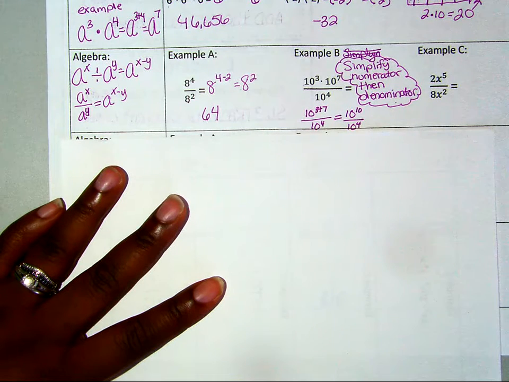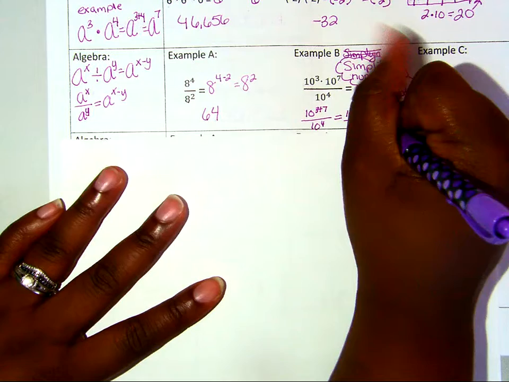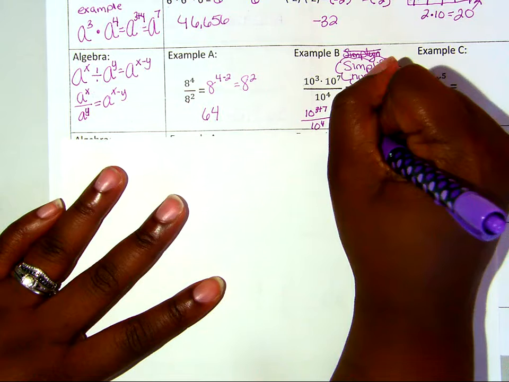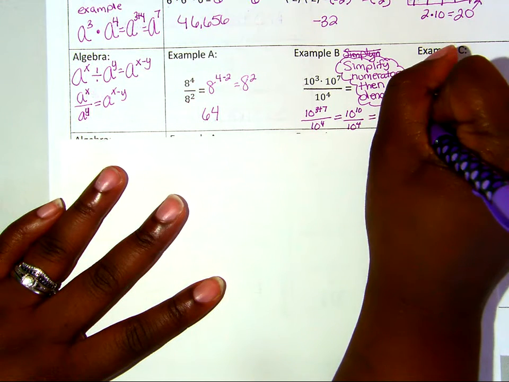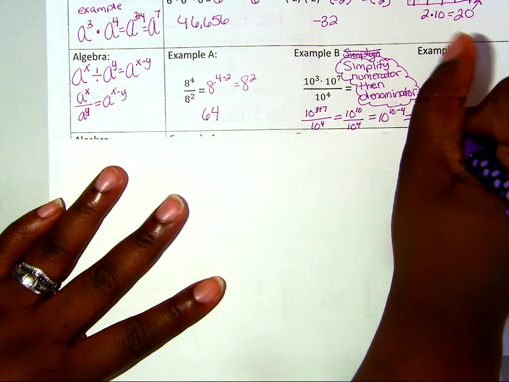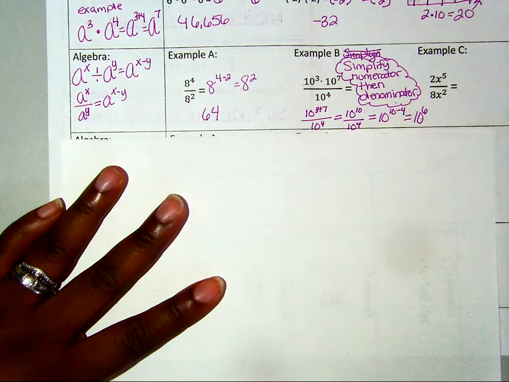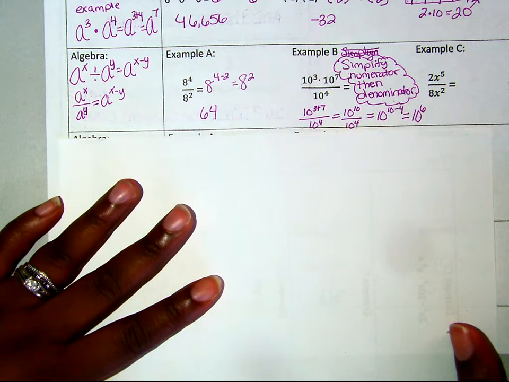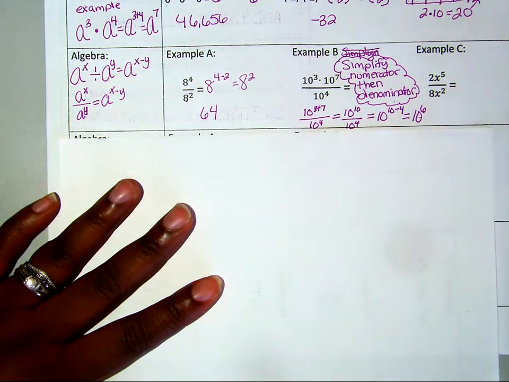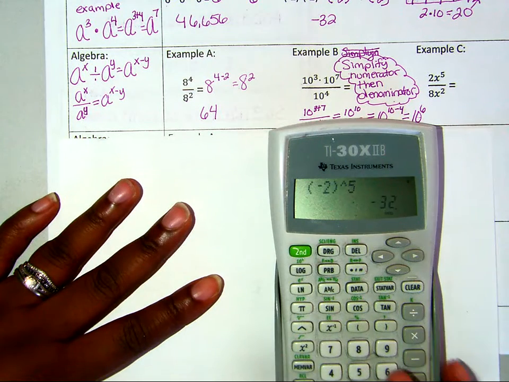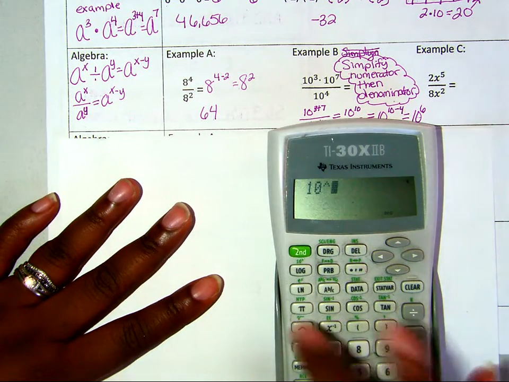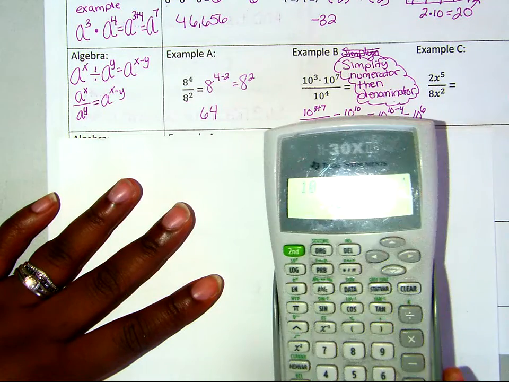Now I can use my division rule. They have the same base, so 10 minus 4 equals 10 to the 6th. Okay? And 10 raised to the 6th is 1 million.